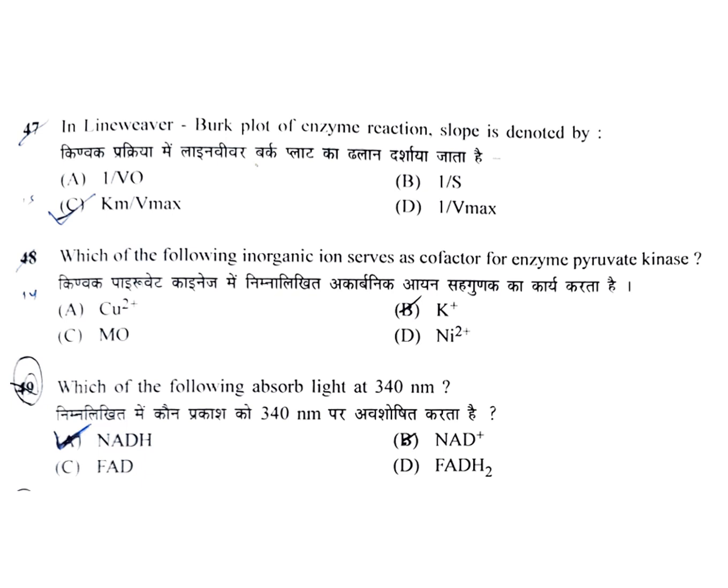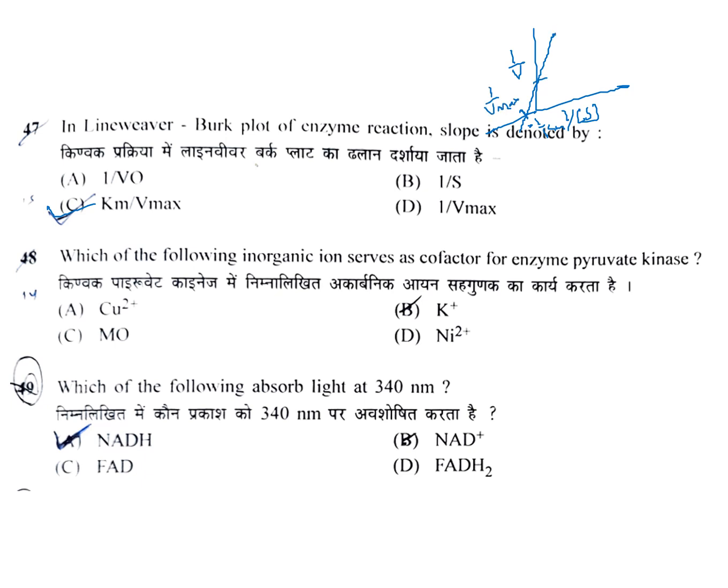Now the Lineweaver-Burk plot of an enzyme reaction, the slope is denoted by Km by Vmax. In the Lineweaver-Burk plot, it is plotted between 1 by S and 1 by V. So the graph is like this. Here the x-axis intercept represents minus 1 by Km, and the y-intercept represents 1 by Vmax.